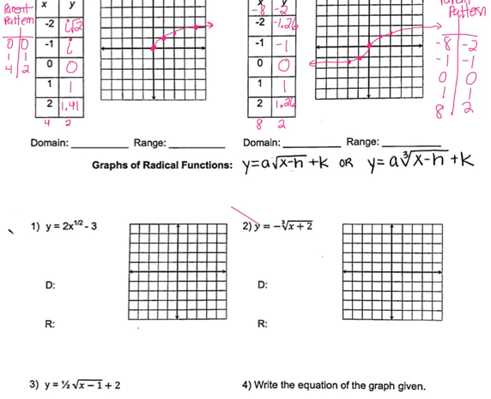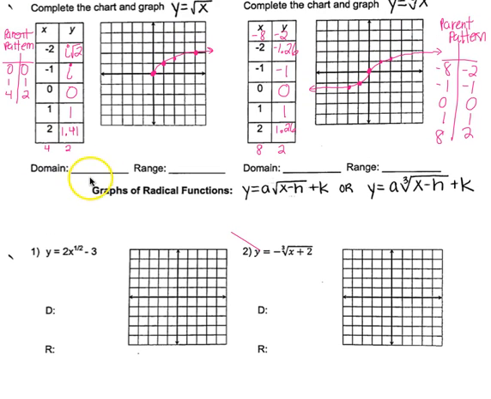So when we look at these graphs, my domain, my x's, as I'm running my finger along the x-axis, the first value I see is 0, and it's included. So that means my domain starts with a bracket, starts at 0, and then I've got an arrow on this end, so it's going on forever, so that'd be infinity.